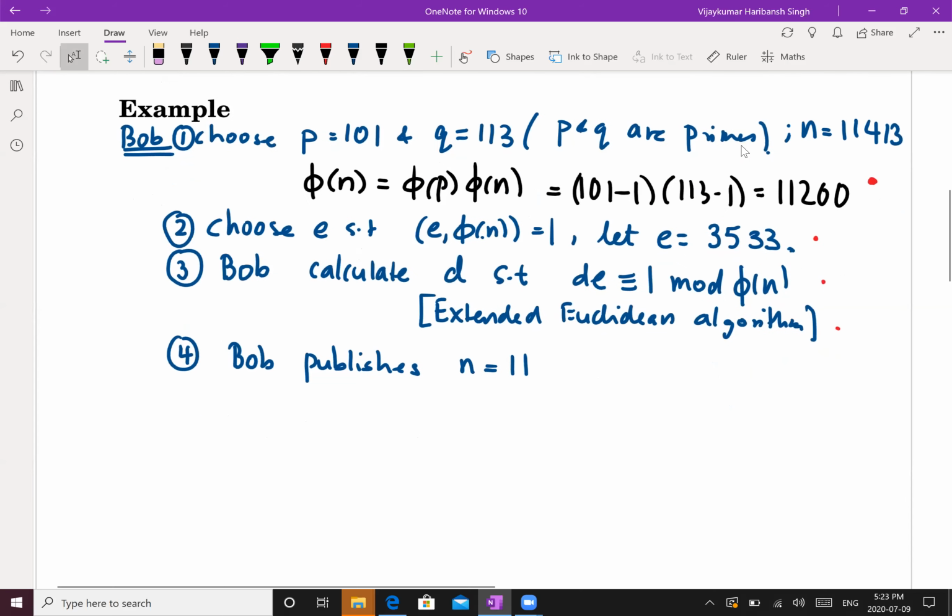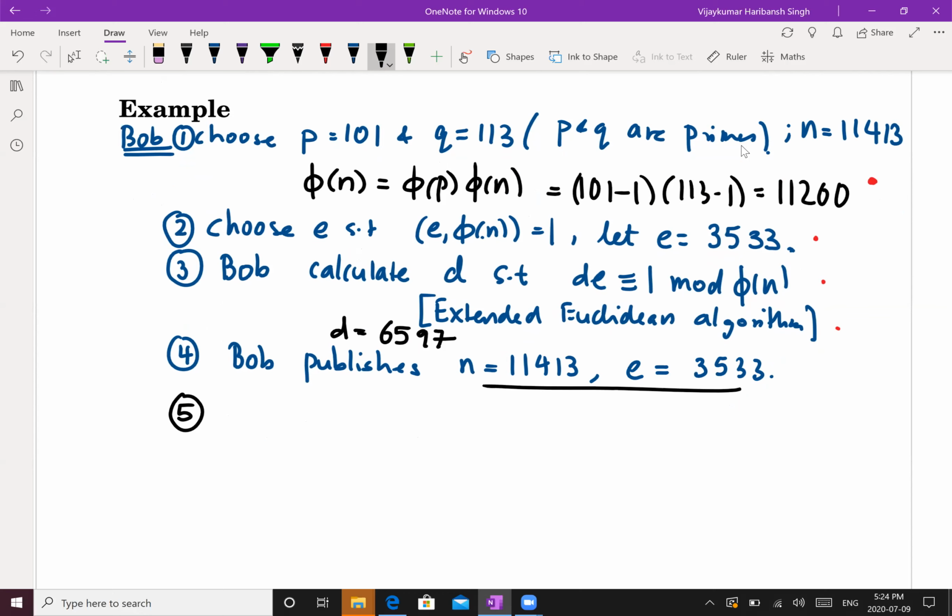Then Bob publishes N, which is 11413, and the public key E, which is 3533. Now when Bob computes D, he gets D equals 6597. Now this is public, all right? So this is public.